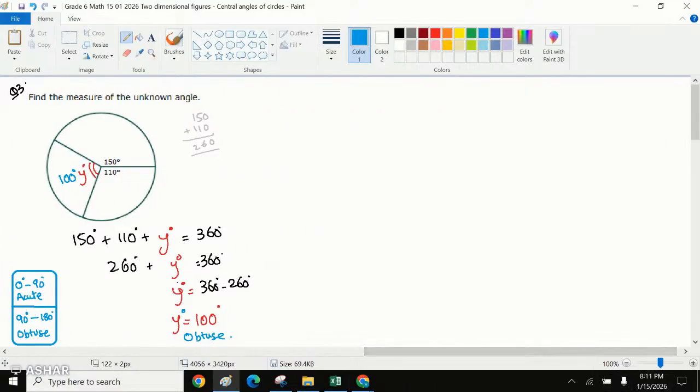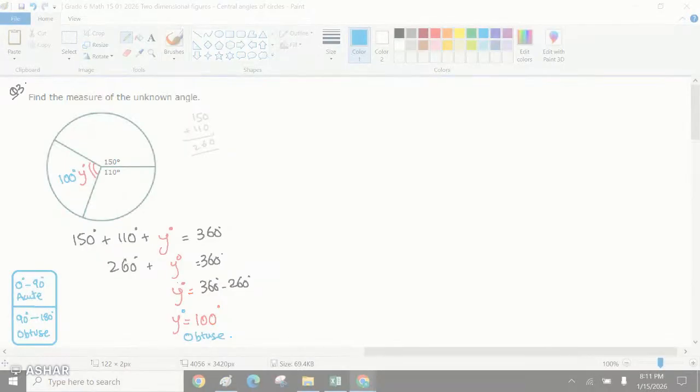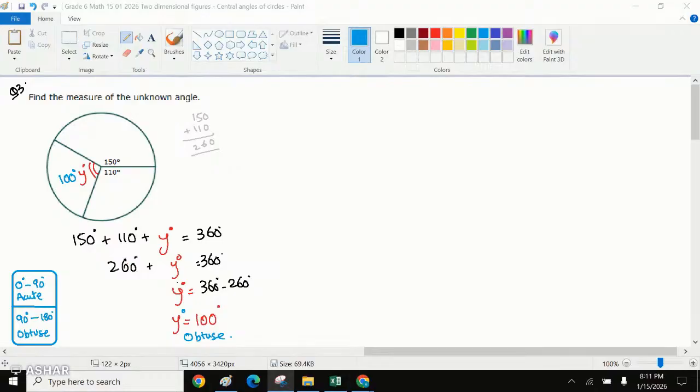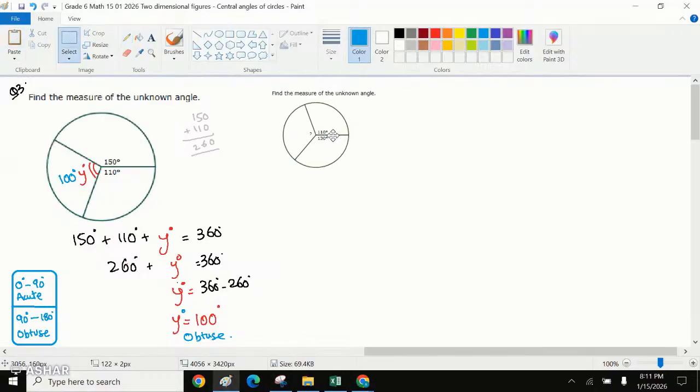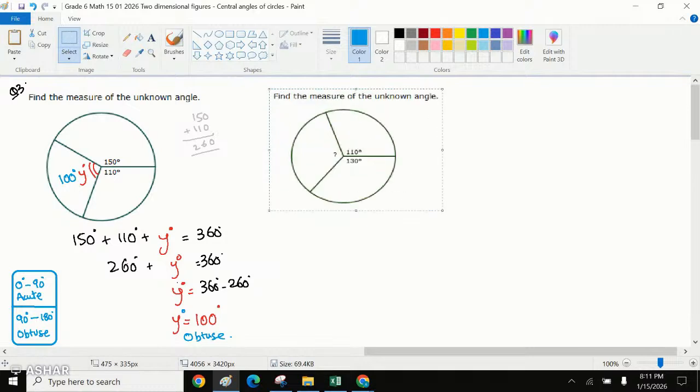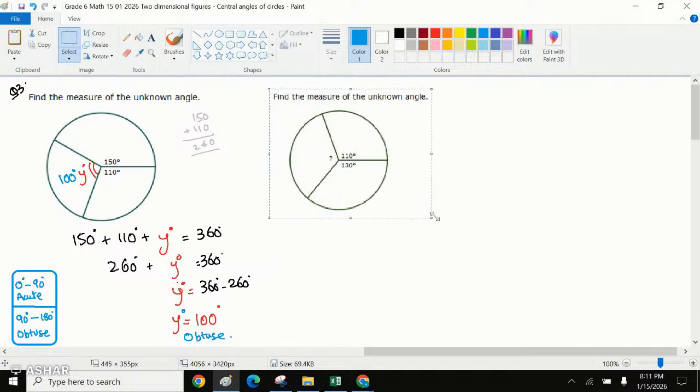Moving to the next question. We will also see whether it's obtuse or acute, okay? So the next question we have is question number 4. Let's see what we can do in question number 4.